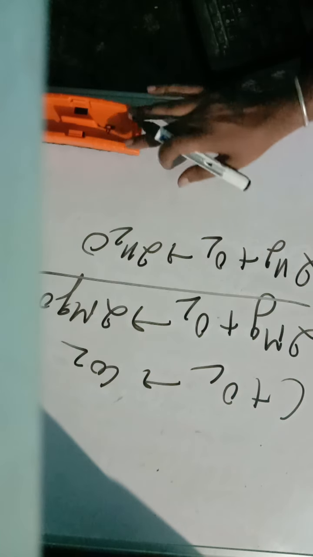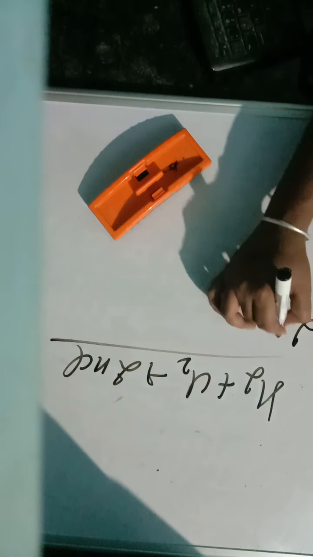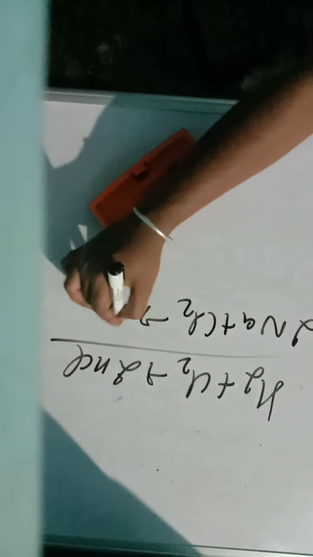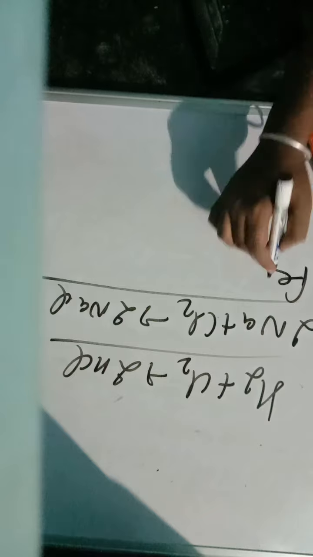H2 plus Cl2 gives 2HCl, again a chemical combination reaction. 2Na plus Cl2 gives 2NaCl, again a combination reaction. If we put iron plus sulfur, what we are going to form is iron sulfide.